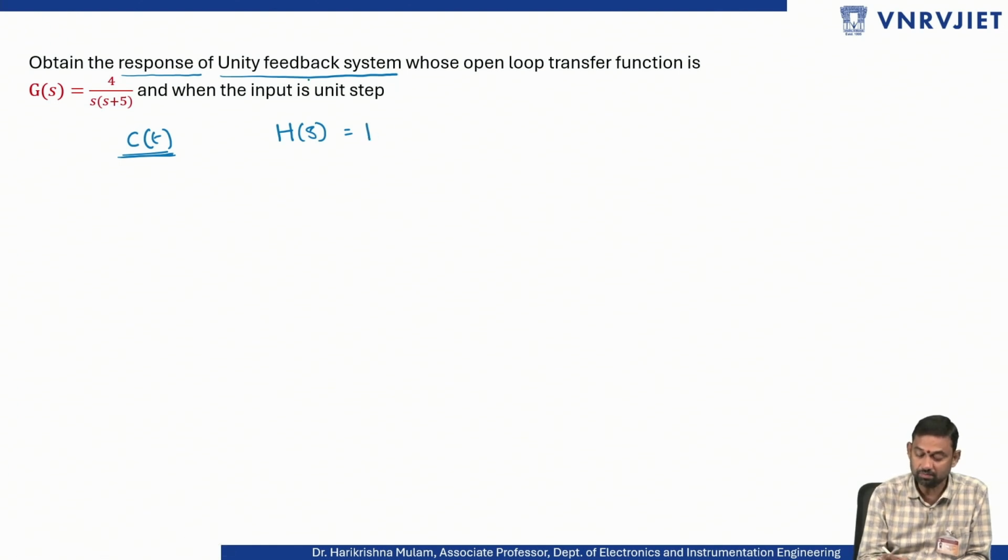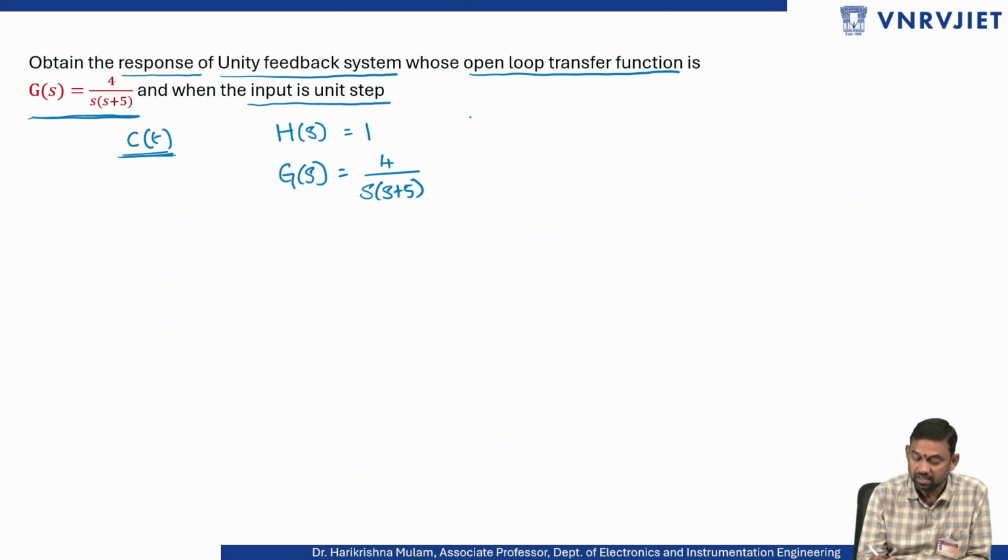The open loop transfer function of the system is G(s) = 4 / (s(s+5)). The other information given in this problem is that the input is a unit step input.